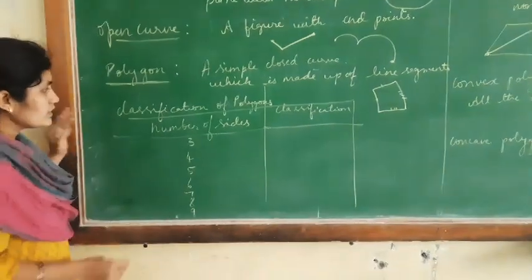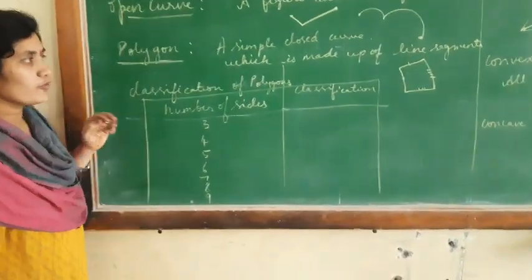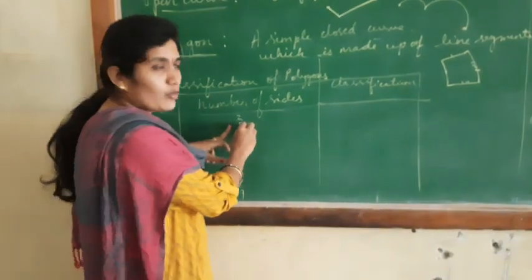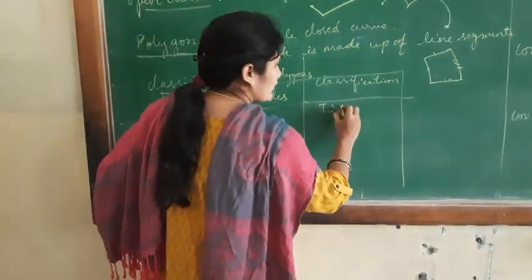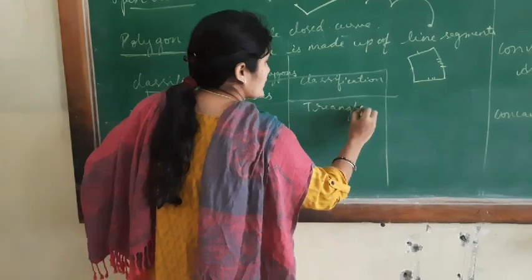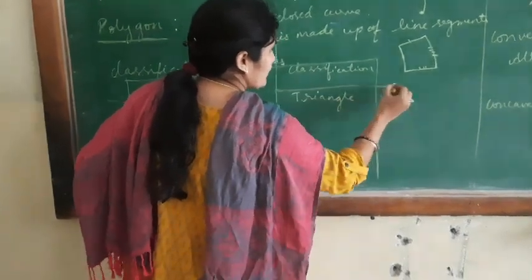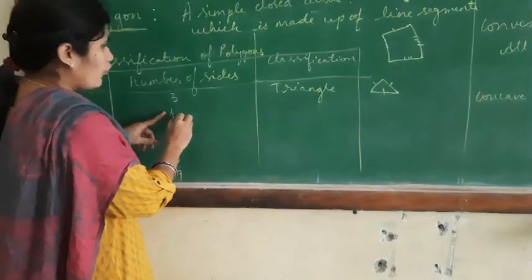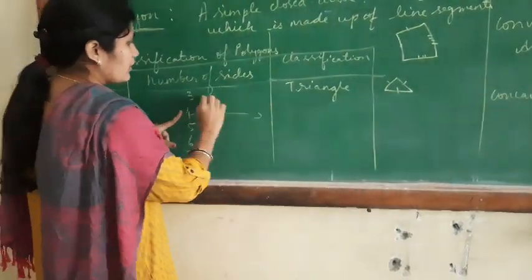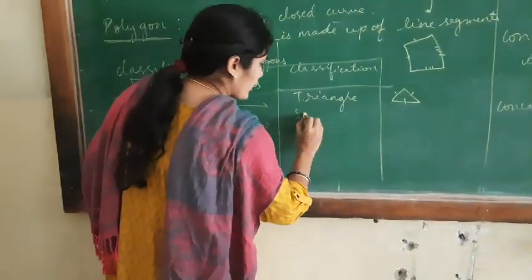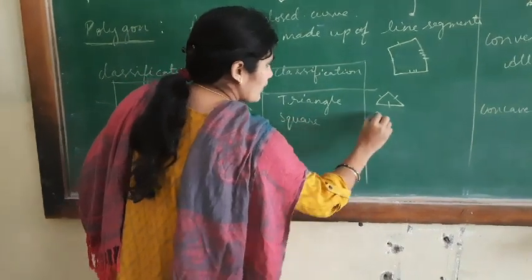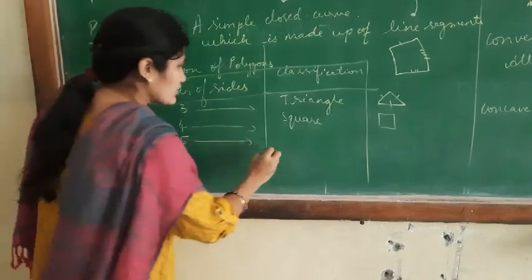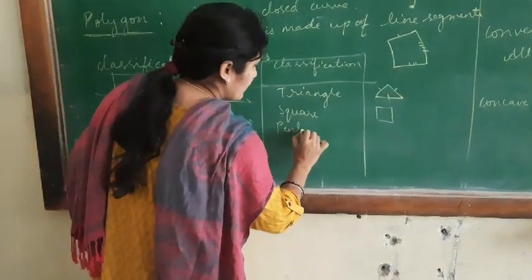Now in this we have classifications of polygons depending on the number of sides. If it is a three-sided polygon, it is called a triangle, because here three line segments are used: 1, 2 and 3. If 4 line segments are used, then it is a quadrilateral. If 5 line segments are used, then it is a pentagon.